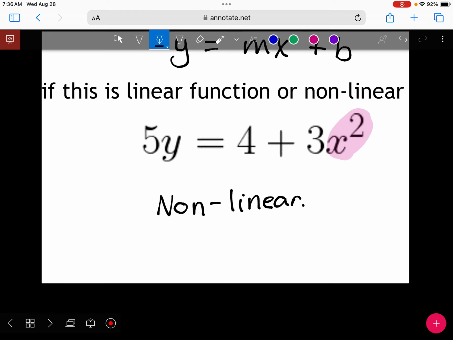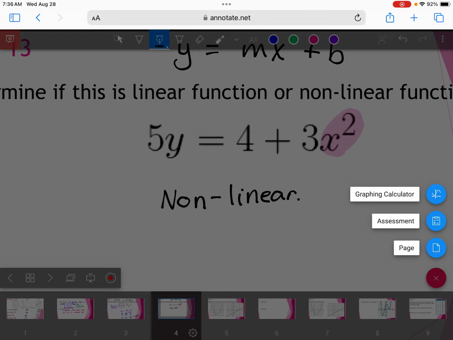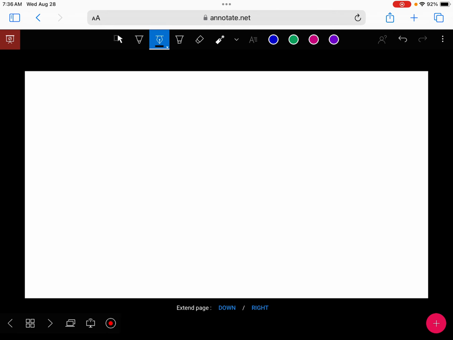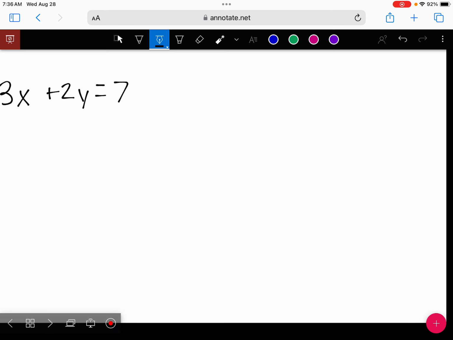I'm going to toss a couple more of these up because we need a little bit more practice with this. So let me go with 3x plus 2y equals 7 and 4xy equals 8.